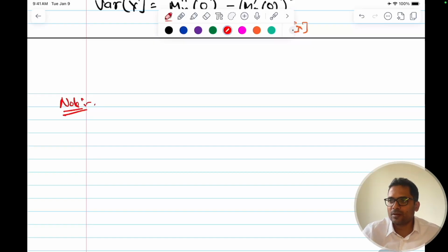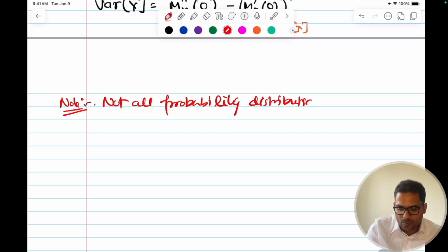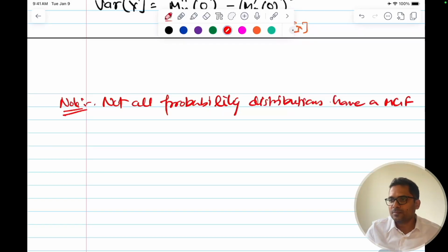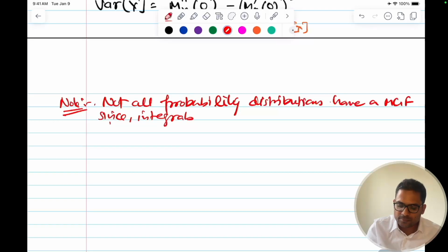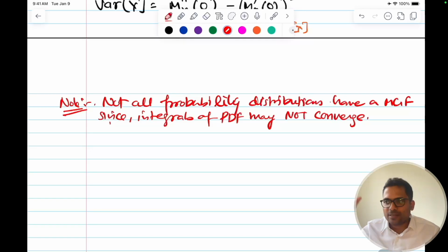Let me write. Not all probability distributions have an MGF, moment generating function, since integrals of the PDF may not converge, and that may tend to infinity.